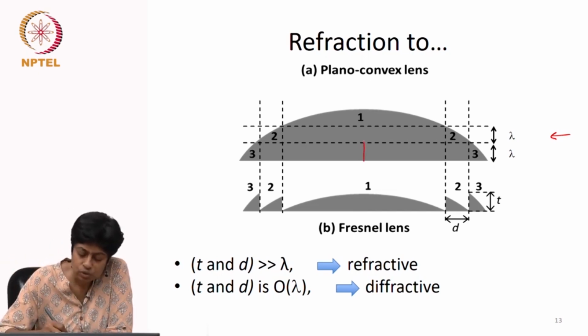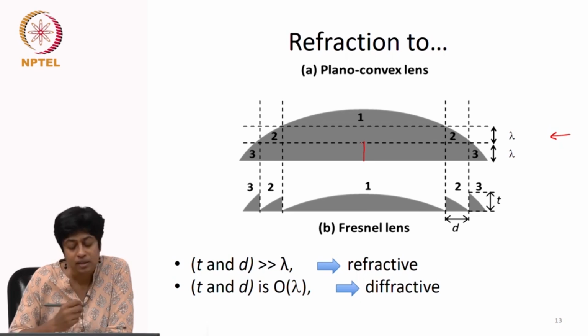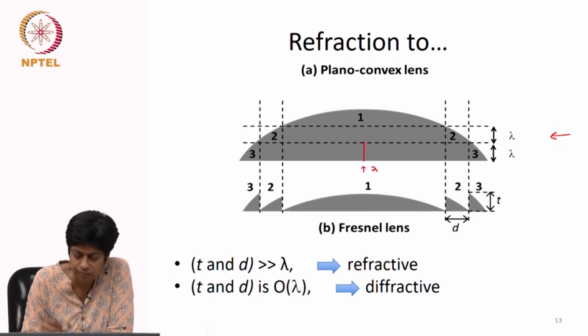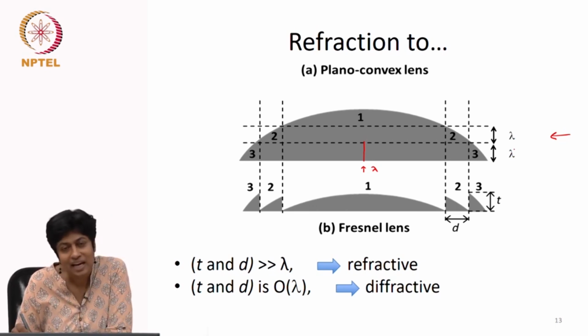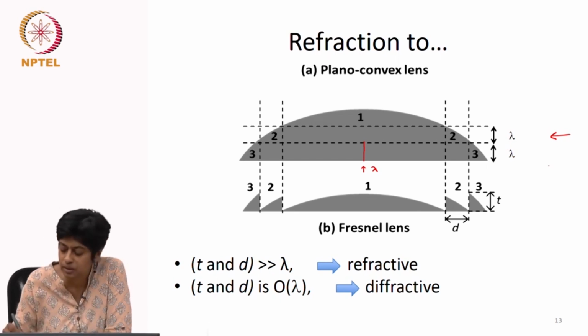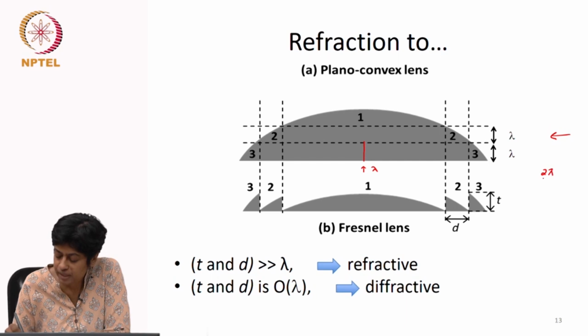As the wave travels through the lens, let's say you have an incident light of wavelength lambda, for every lambda it travels through, in other words, the phase is 2 pi by lambda into n lambda.